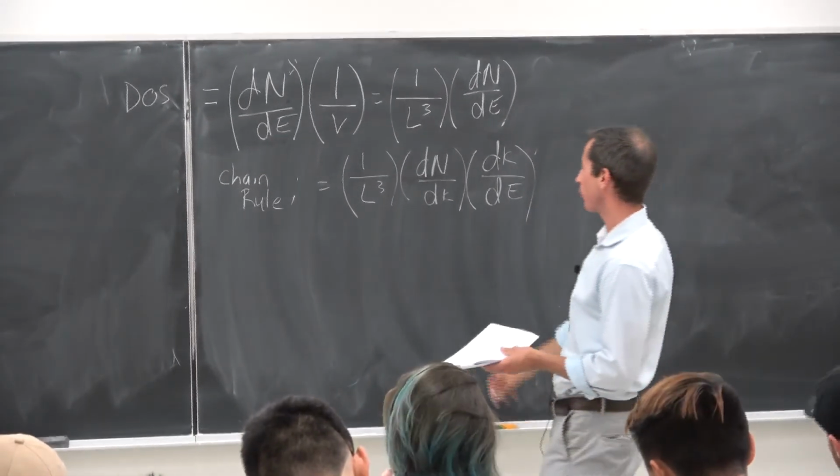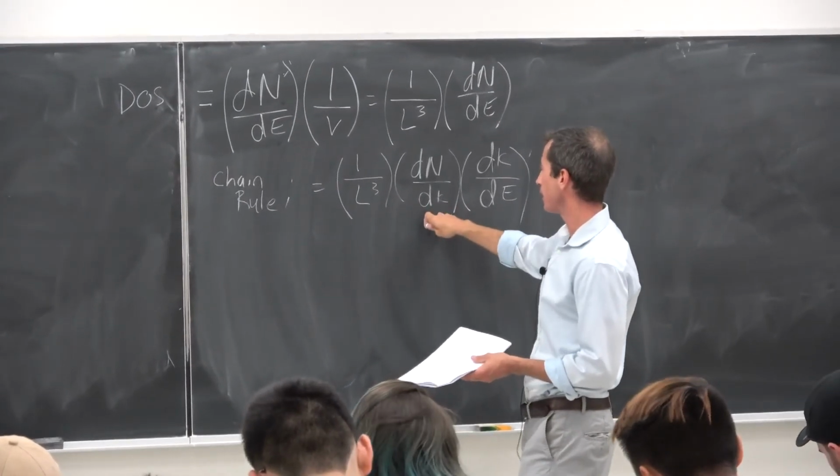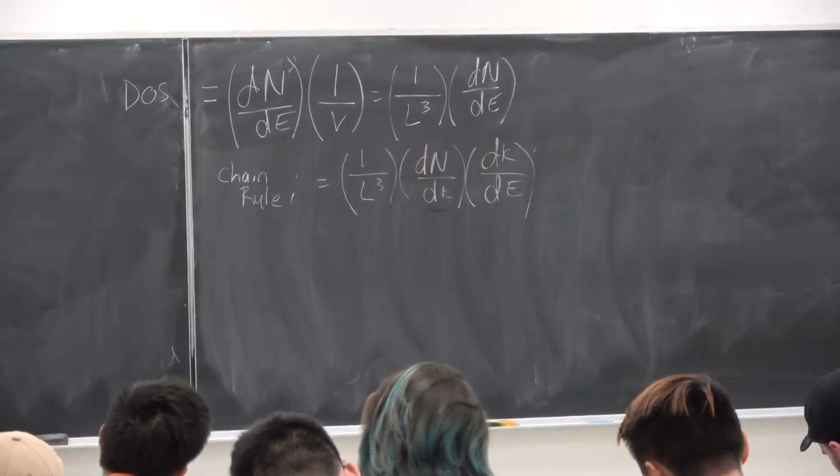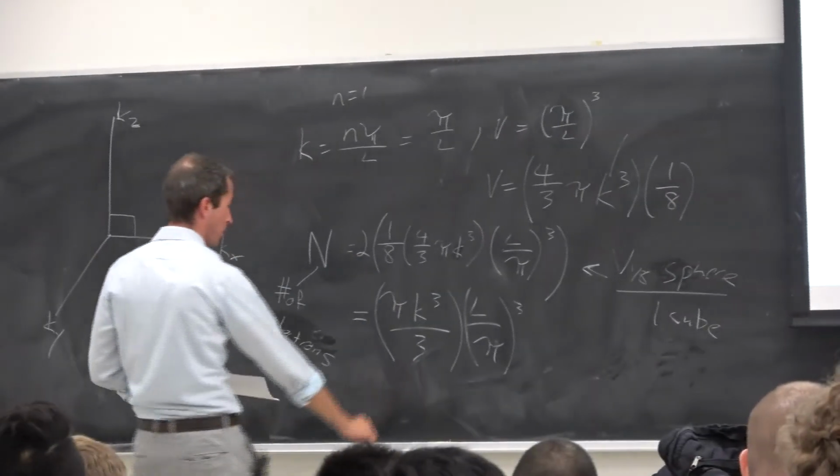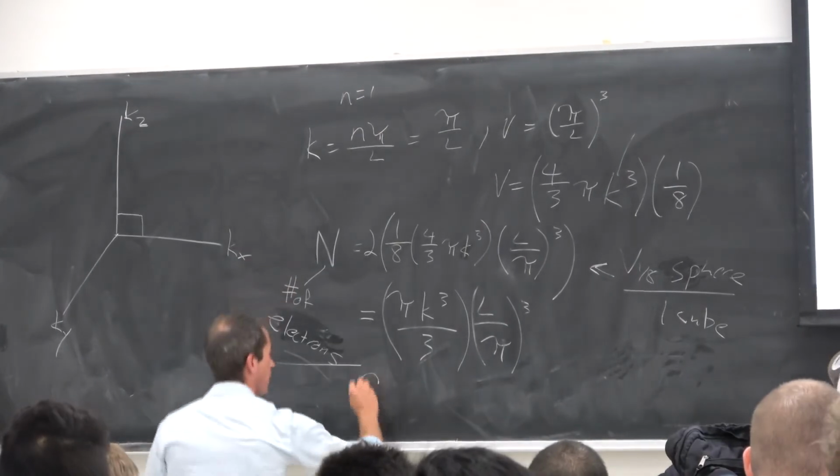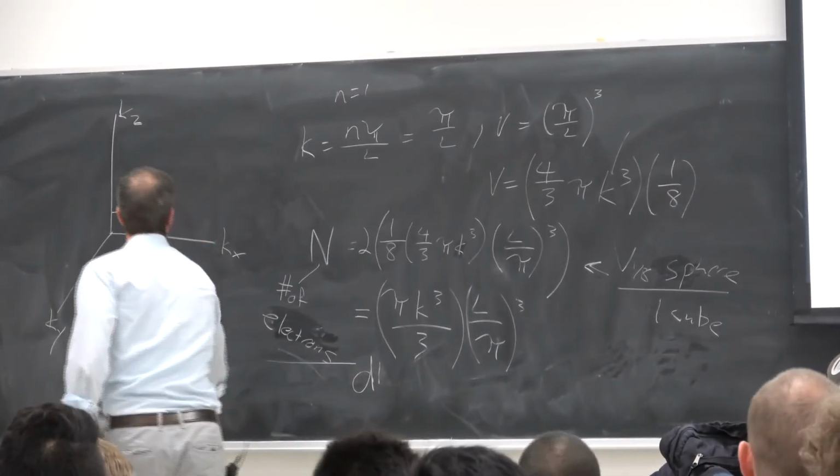Okay, so let's do something that's easy. dN dk, we have an expression here for n, so we can just take this. Sorry, I'm going to write it up here.